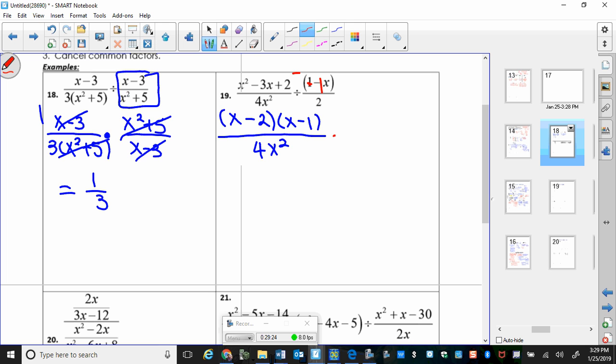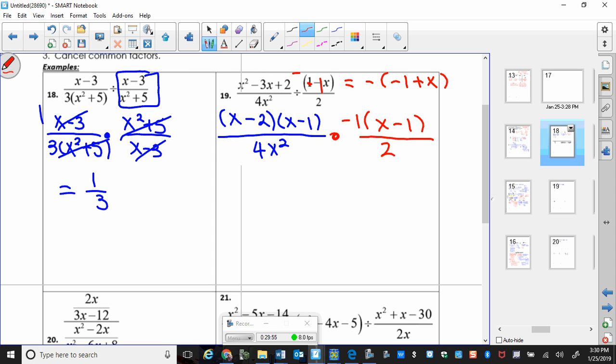So I'm going to write this negative 1 times the quantity of, so just to clarify what I just did, negative times negative 1 plus x, right? And I'm just going to flip it around so the x comes first. So x minus 1 divided by 2. So anytime we're approached with a negative x, we want to factor out a negative 1, okay? And change all the signs of each term inside of the parentheses.